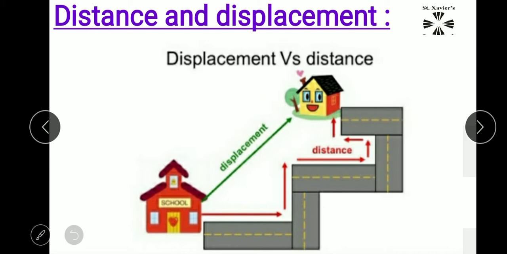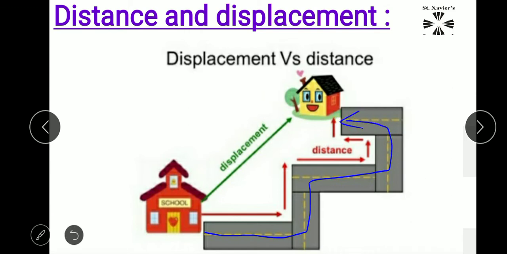Students, I have to go from school to the house. What will I do? I will follow the road. Here in this picture you can see there is a road from school to house, so we'll follow the road and go to the house.